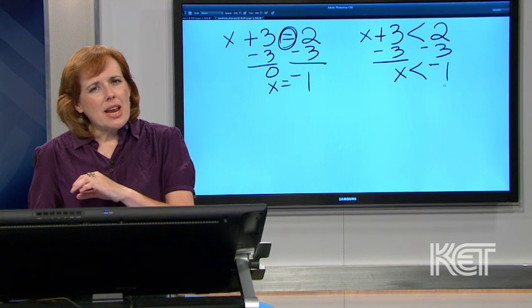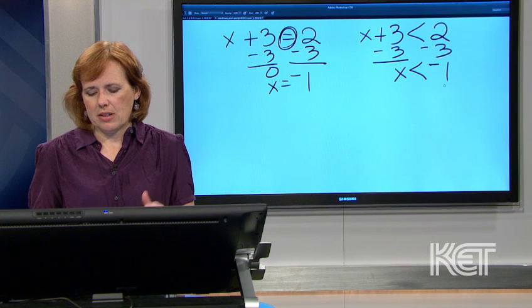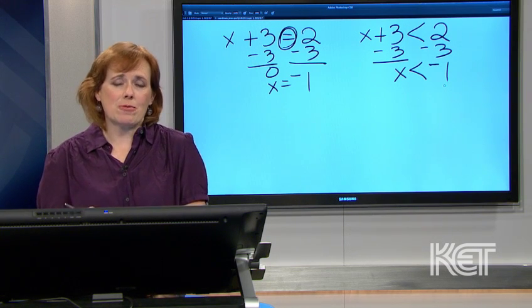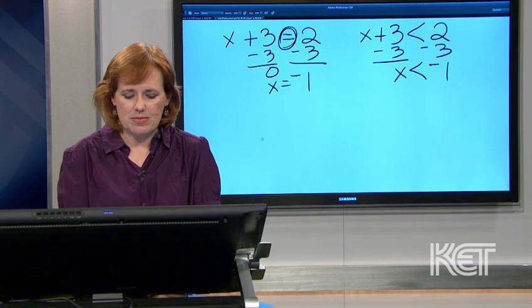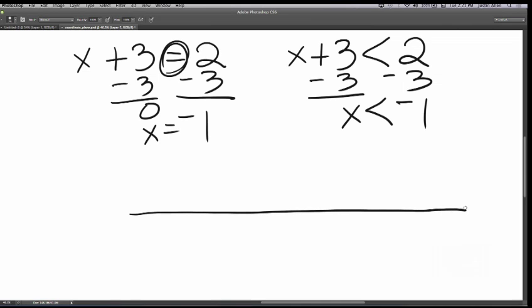So I want to take us back to the number line, and we're going to graph the possible answers for this. The number line is just a horizontal line, usually 0 is in the middle, and your positive numbers go to the right, and your negative numbers go to the left.